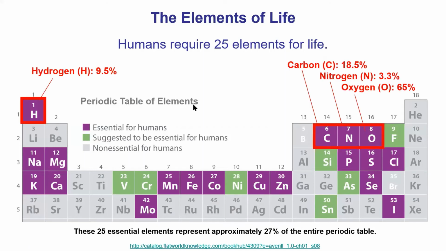But if you take a look at these, the most important elements are these 4 here: hydrogen, carbon, nitrogen, and oxygen. If you take organic chemistry in the future, you are going to learn a lot about carbon, hydrogen, nitrogen, and oxygen, because they're very important for biological molecules. And you're going to see all 4 of those in the macromolecules we're going to talk about today and next day.